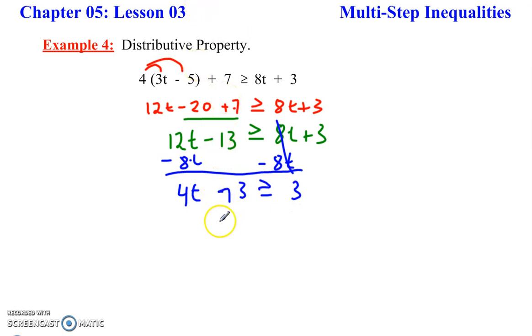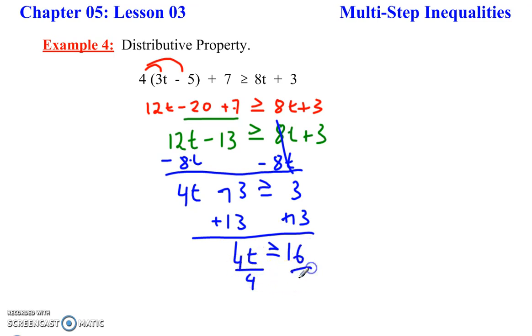Add 13 to each side, and we get 4t is greater than or equal to 16. Divide by 4, and t is greater than or equal to 4. Now if I want to write this in set builder notation, for all values of t such that t is greater than or equal to 4.